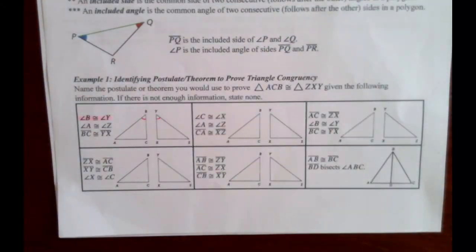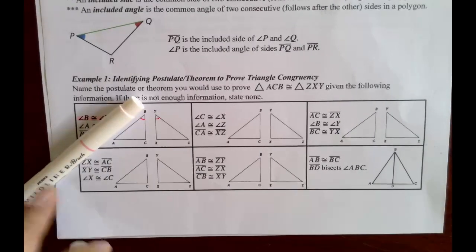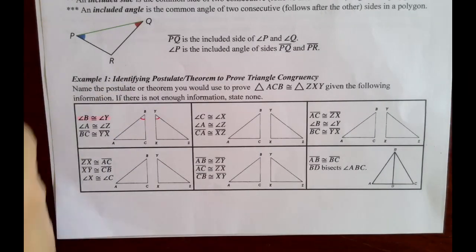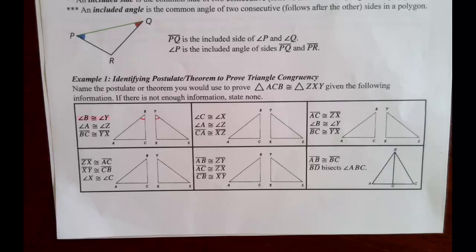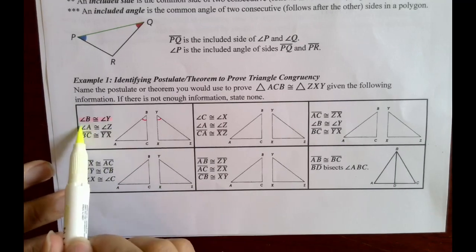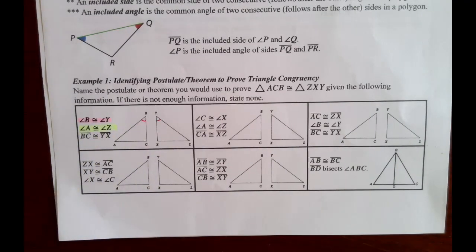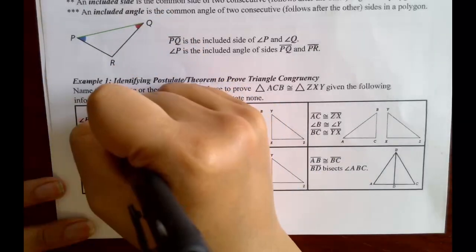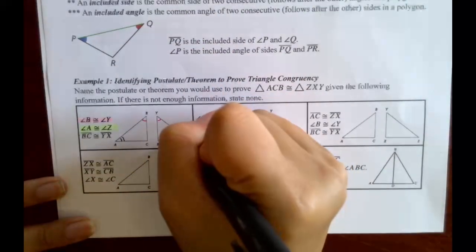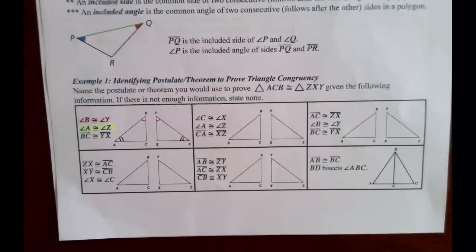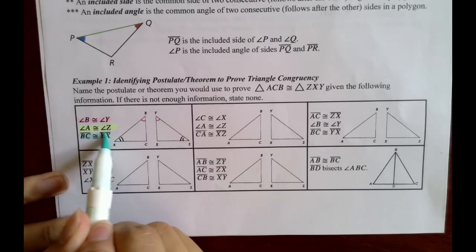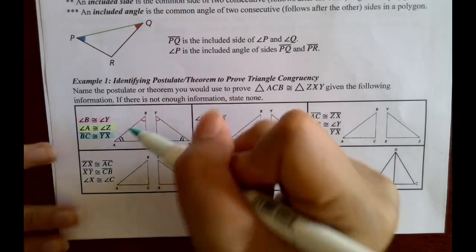Okay. Then the next one is angle A is congruent to angle Z. So here's angle A, here's angle Z. Okay. And then the last one tells us that BC here is congruent to YX.